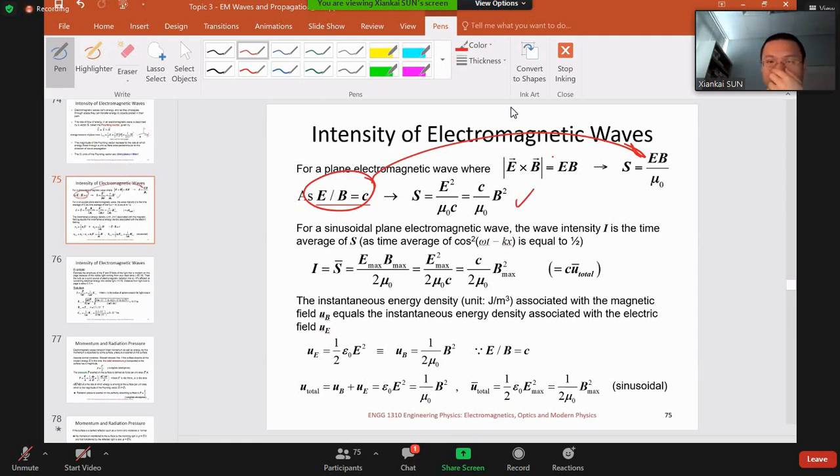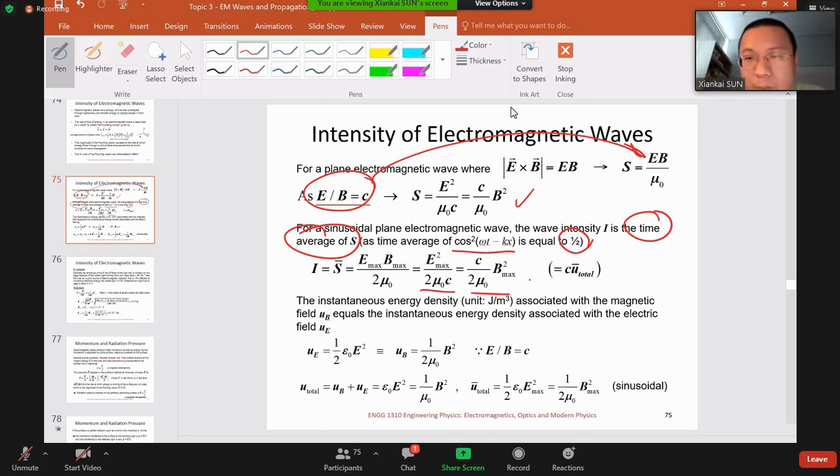For a sinusoidal plane electromagnetic wave, the intensity is the time average of S, because the time average of this cosine square function is 1/2. So as a result, you just add 1/2 to the previous expression.